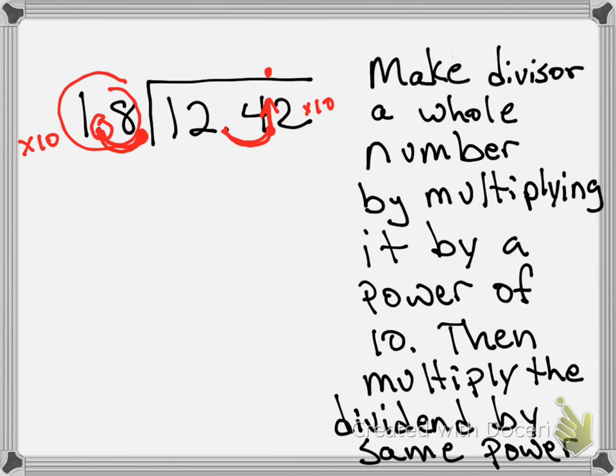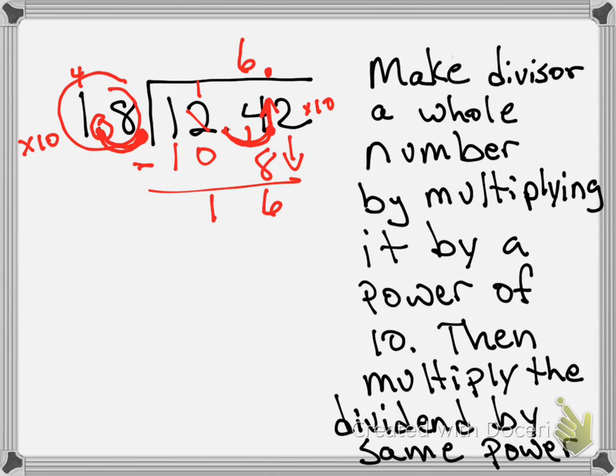So now I'm going to continue dividing as normal. 18 will not go into 1, 18 will not go into 12, 18 will go into 124 6 times. 6 times 8 is 48, and 6 times 1 is 6, that's 10, and now I'm going to subtract. 14 minus 8 is 6, 1 minus 0 is 1, and 1 minus 1 is 0.